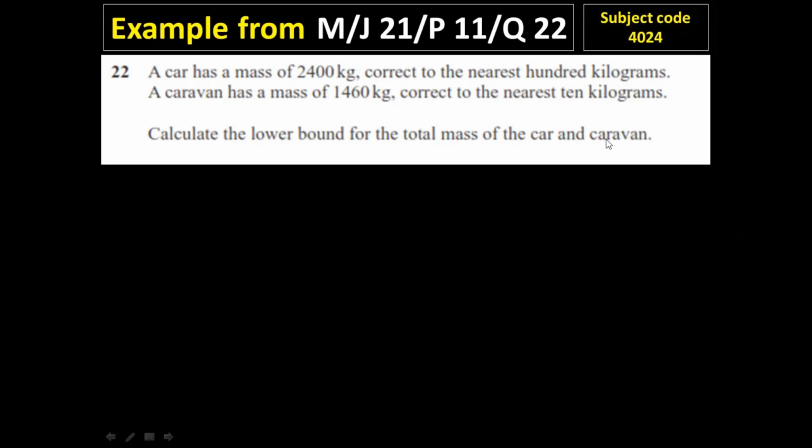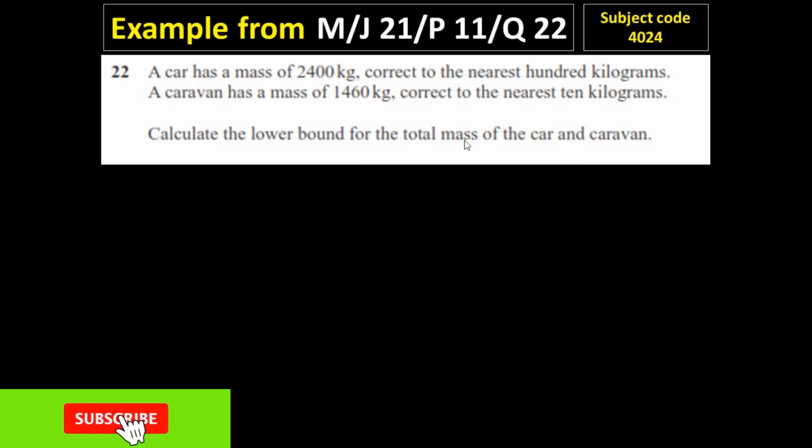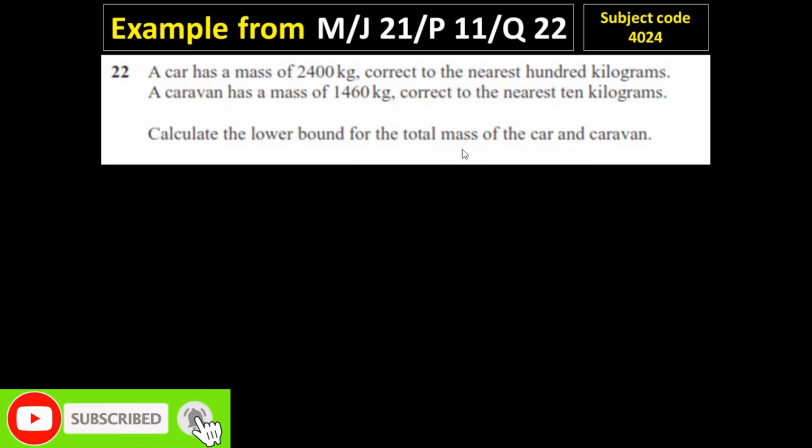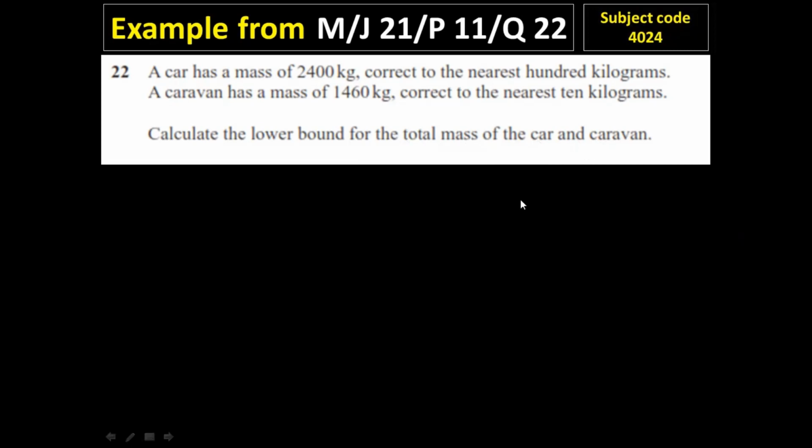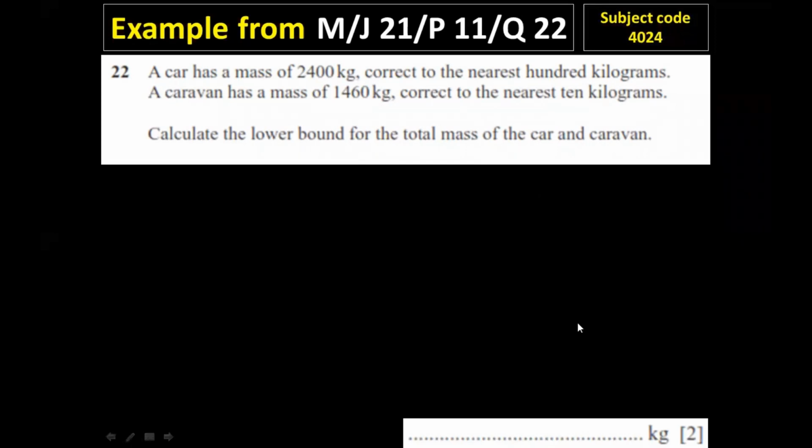This is indirect approach because there are two masses here, the mass of car and the mass of caravan. This is a 2 marks question. What will you do? First, you have to find out the actual values and the key for errors.